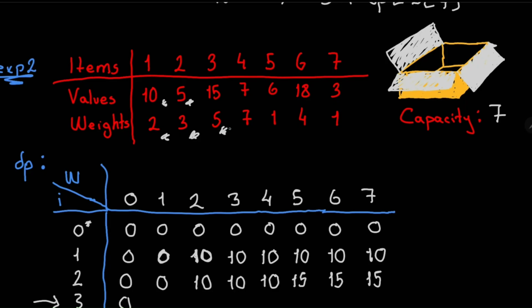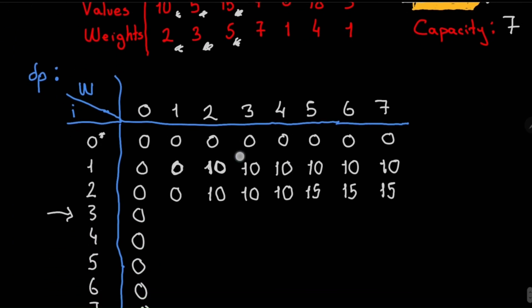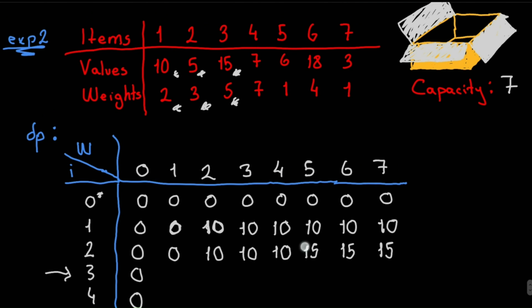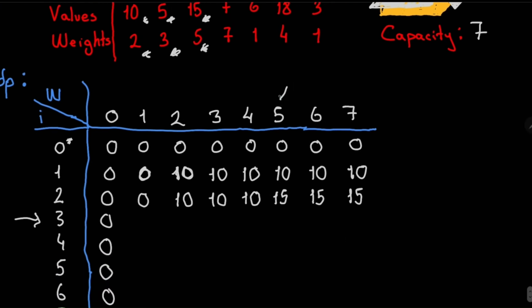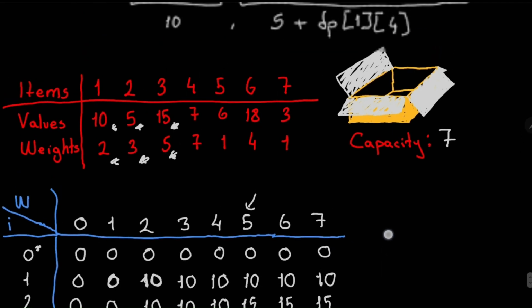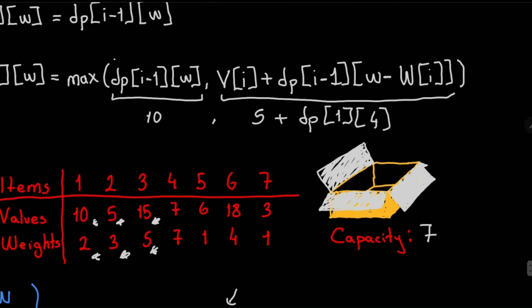Item of 3 has a weight of 5 and its value is 15, which is very high. However, since its weight is 5, until 5, we will directly copy the previous rows. What will happen when the current capacity is 5? Let's see. So we will update this part.